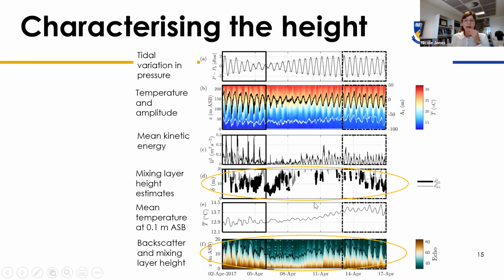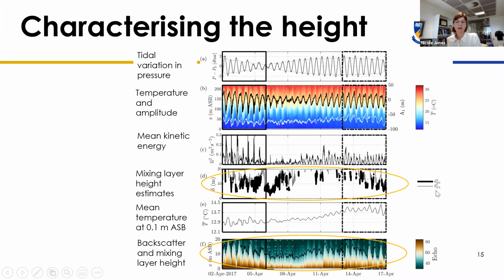If we look at this panel D here, we can see two different measures that we have of the mixing layer height. The first is where we have determined the buoyancy frequency and defined the mixing layer height based on that temperature gradient, so the density gradient. That's the dark black line.